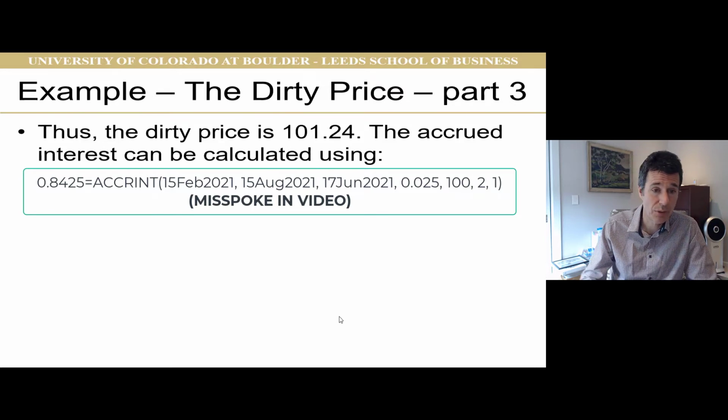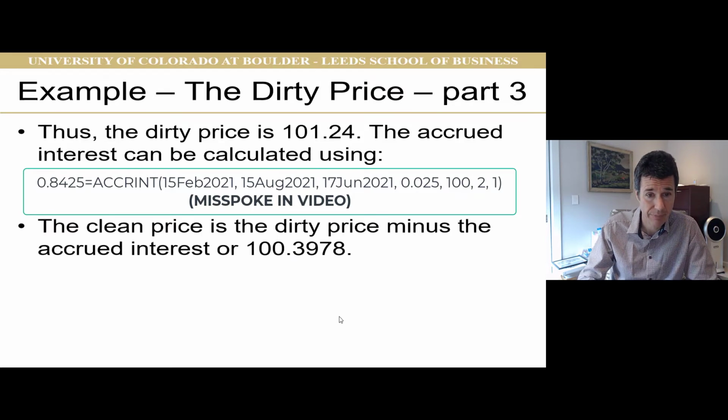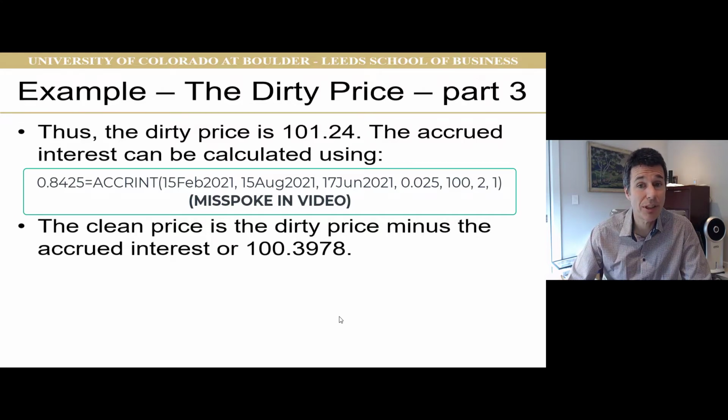So the accrued interest is 0.8425. The clean price is the dirty price minus the accrued interest, 100.3978. I would quote 100.3978. Right, so I tell somebody else the clean price, they pay me the dirty price.